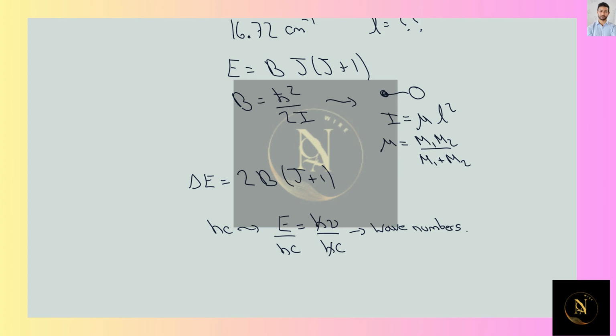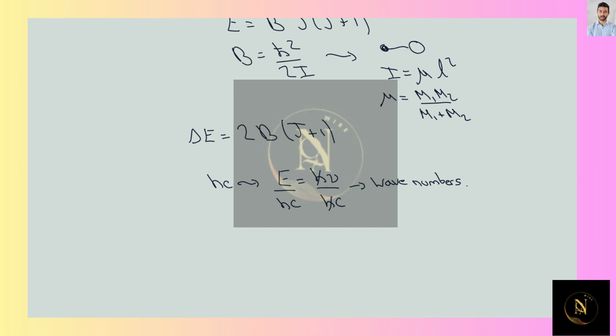So with this, we can write down, knowing that the possible transitions are for J equals 0, 1, and so on, so we set J equals 0. If we divide delta E over hc, this is going to be equal to 2 times B divided by hc.